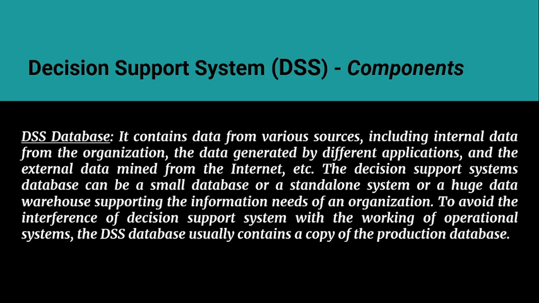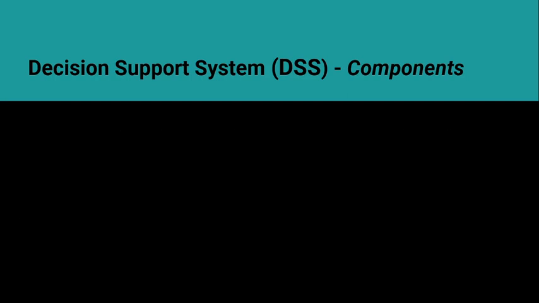Right? And it will work independently without interfering with other operations. That's why it's saying to avoid the interference of decision support system with the working of the operational system, the DSS database usually contains a copy of the production database. Right? So this is about the DSS database component.